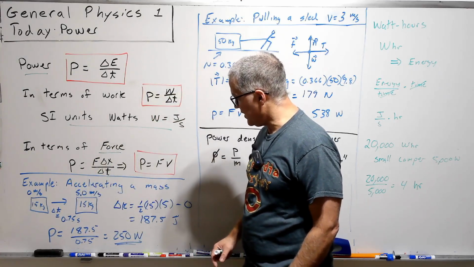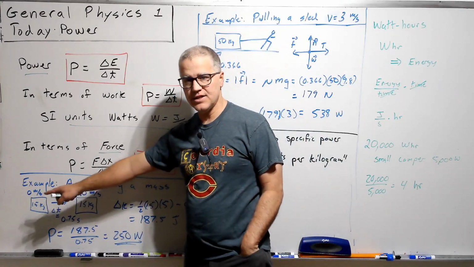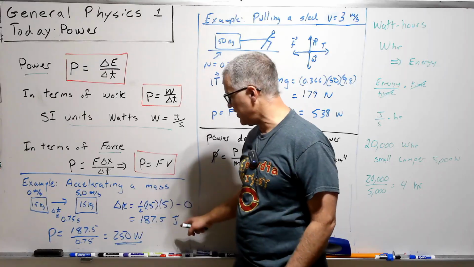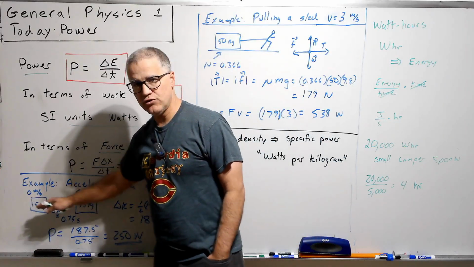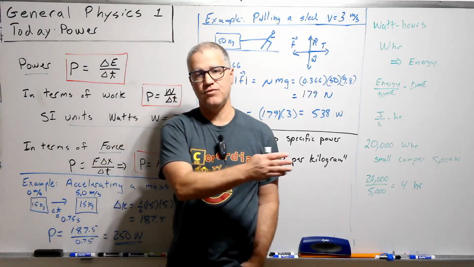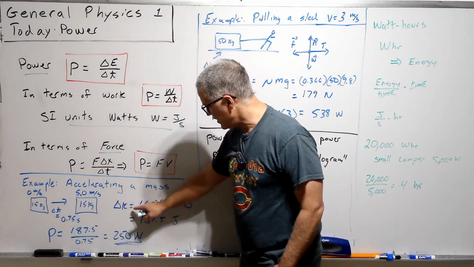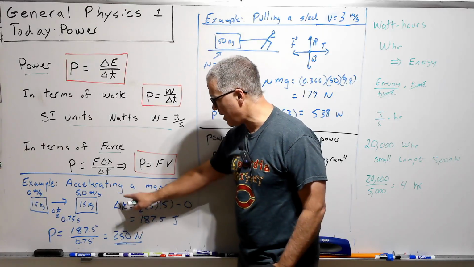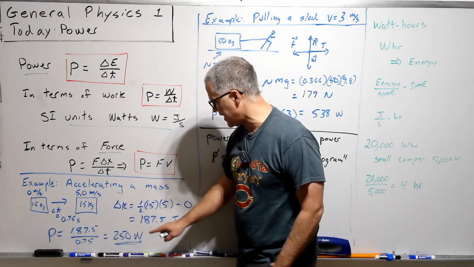Okay, so how do we do this? Well, let's use energy, and we'll figure out the change in kinetic energy. We have no change in potential energy here. We're just moving across horizontally. The amount of total energy going in will be the kinetic energy.